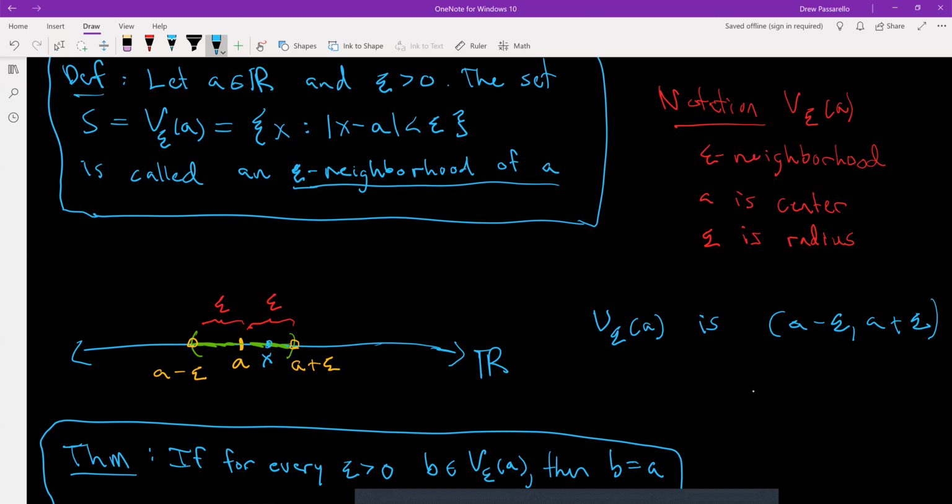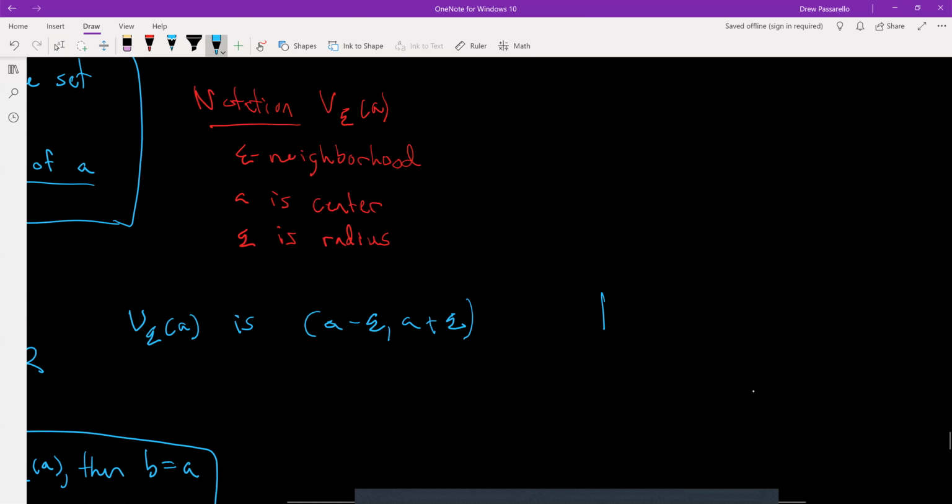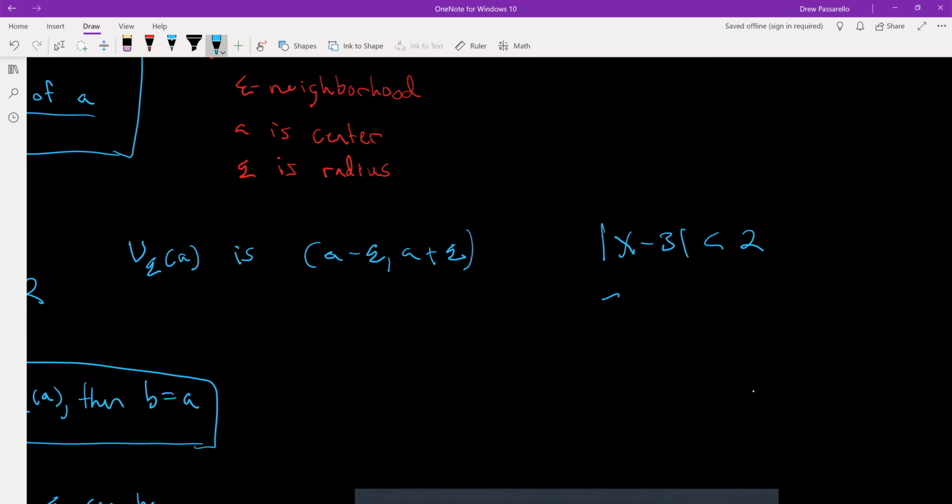And again, for the one that we did earlier, we had absolute value of x minus 3 less than 2. So 3 is the center, 2 is the radius. So we have a neighborhood V of 2 around 3, which is the set of x that satisfies that inequality.